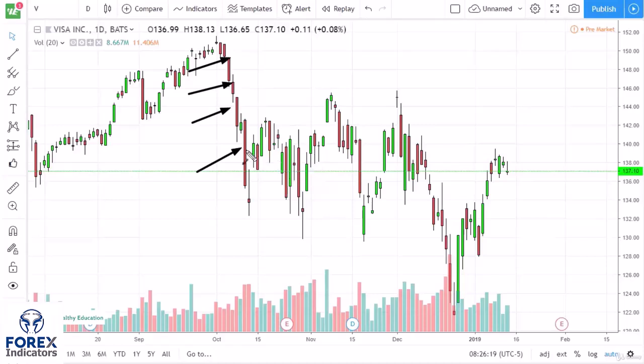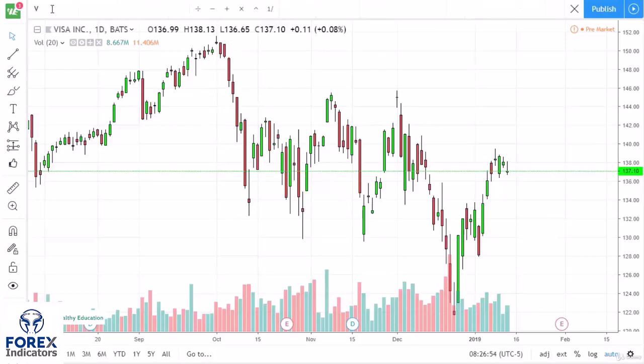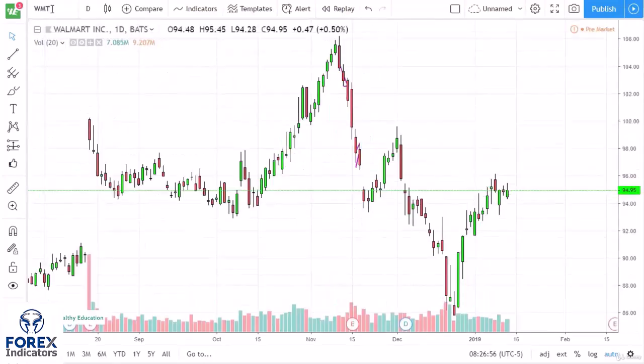Obviously, very, very bearish, negative momentum. The size of the body matters because it suggests that there might be a bit of conviction.